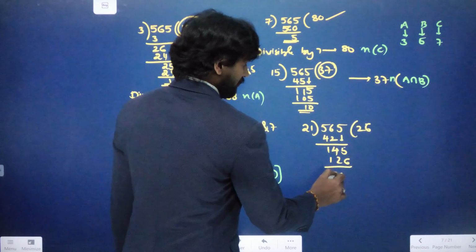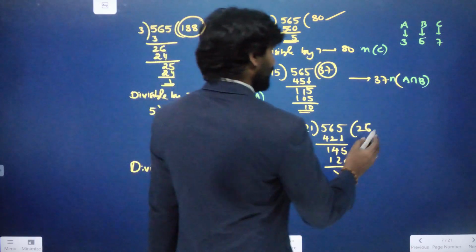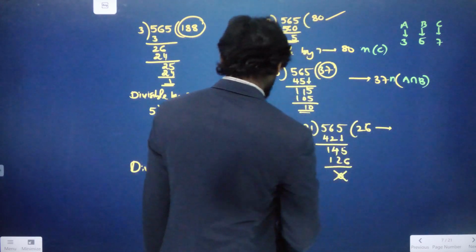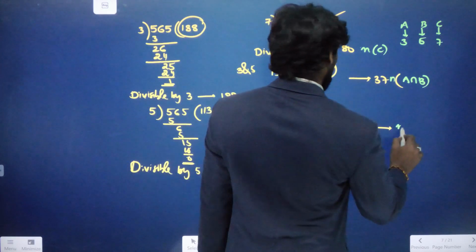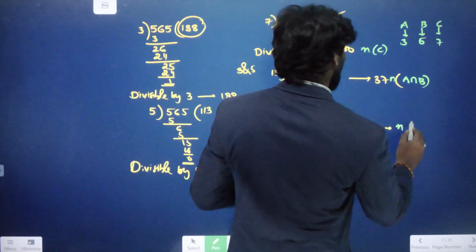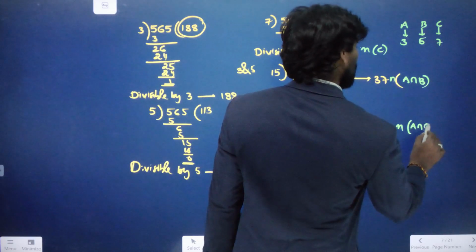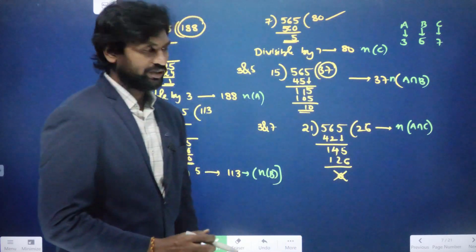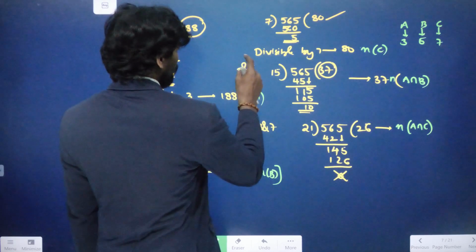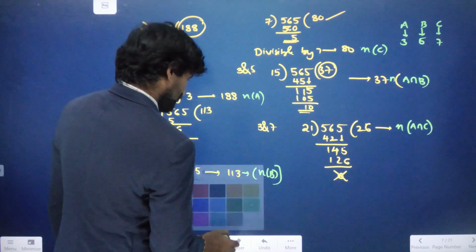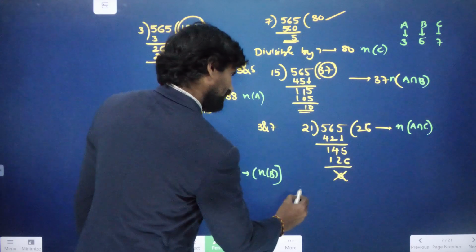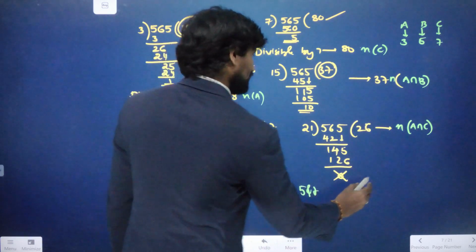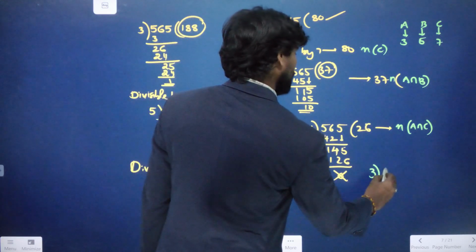We are getting a remainder, but the remainder we are neglecting now. So N of A intersection C is equal to 26. Now 5 and 7 combination. 5 sevens are 35. So 35 with 565.